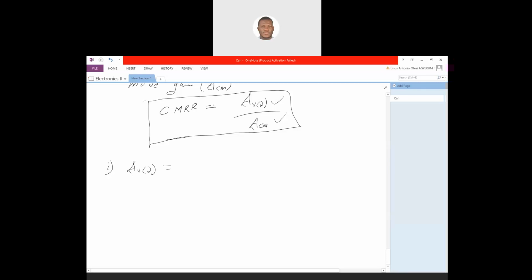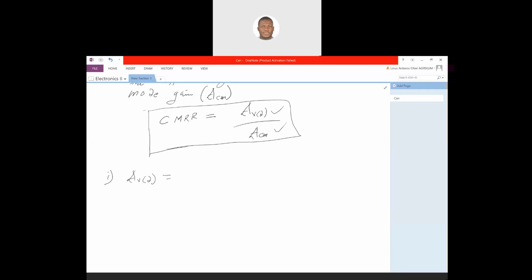Okay, sir. All right. So the question here is that a certain operational amplifier has an open loop differential gain of 15,000. So that means the open loop differential gain, which is AVD, is equal to that.